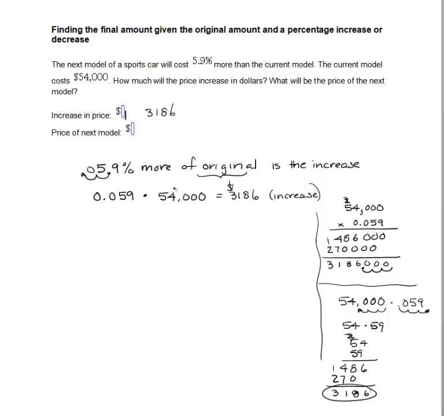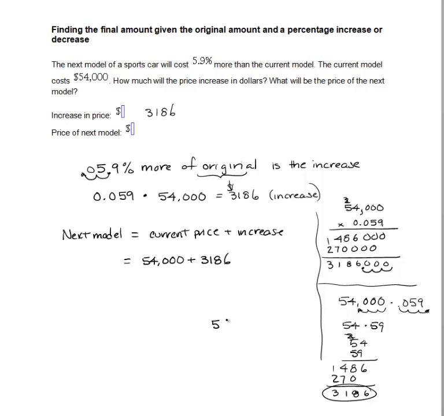So it says now what's the price of the next model? Well, the price of the next model is going to equal the current price plus the increase. Right? So our next model is going to be our current price, which is $54,000 plus $3,186.